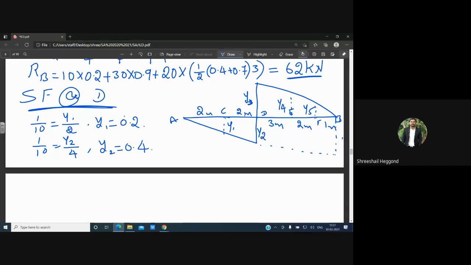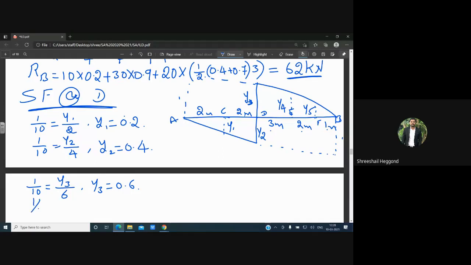Next are y3, y4 and y5 for the positive side. For y3, again considering the full triangle and unity, 1 divided by 10 is equal to y3 divided by the remaining distance of 3 plus 2 plus 1, that is 6. So y3 is 0.6.